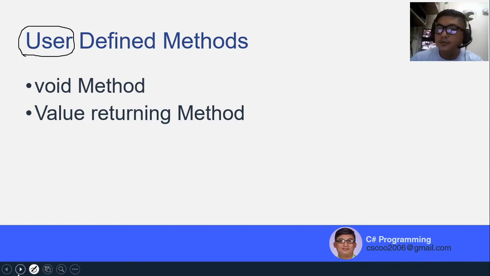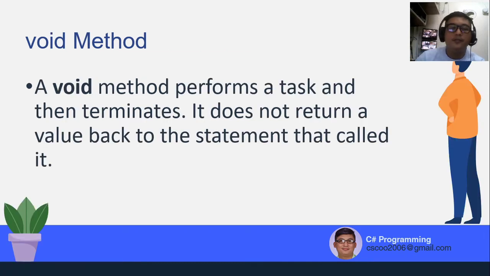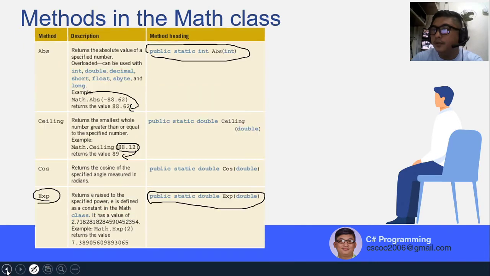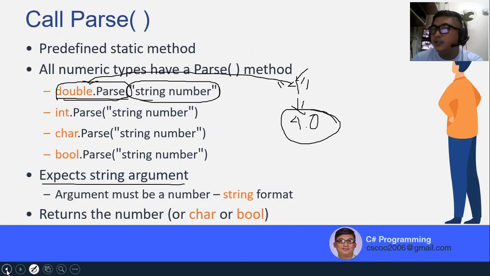So let's focus first on the void method. So what is the void method? The void method performs a task and then terminates. So you call it, and it performs a task and exits. It does not return a value back to the statement that called it. Unlike what I mentioned a while ago, this one returns a value, right?